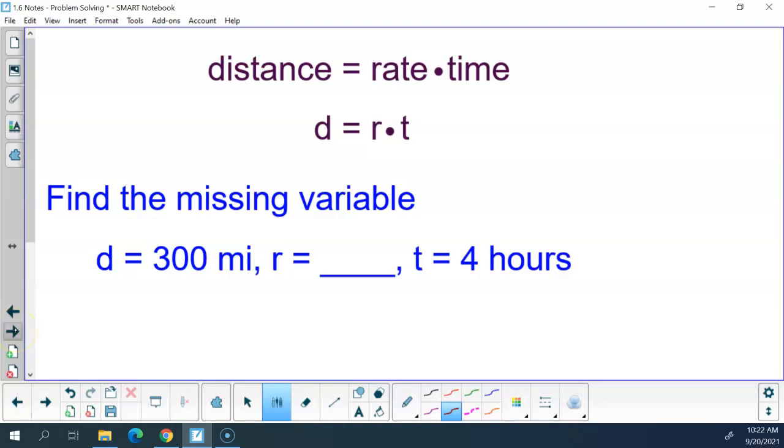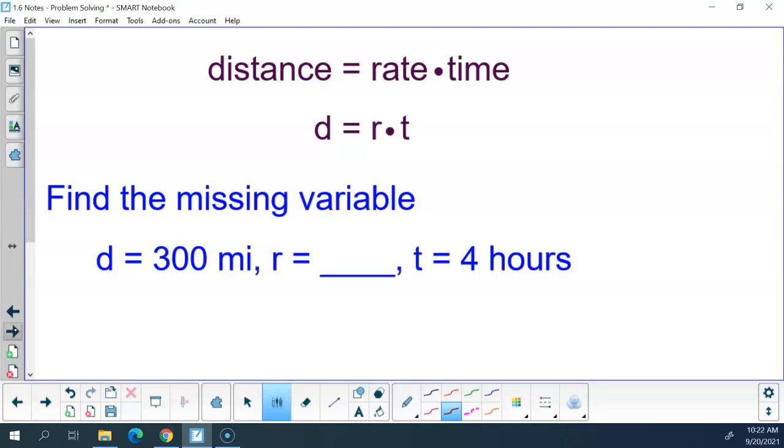So, first formula. We're going to start out nice and easy. Distance equals rate times time. How fast you are traveling in a car times the amount of time you spend in that car tells you how far you've gone. Makes sense.